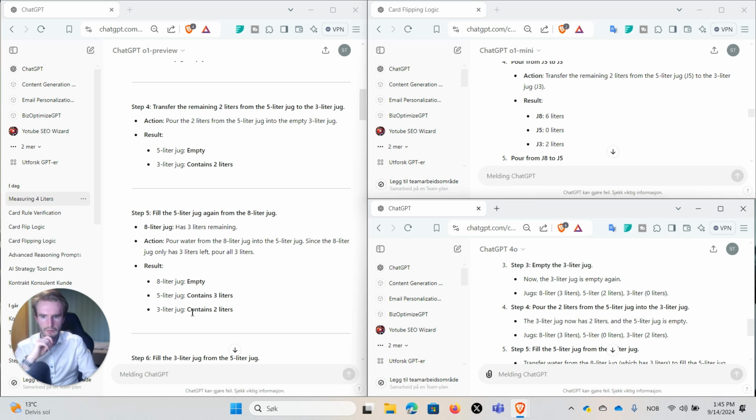Okay, so here the 5-liter jug is empty, the 3-liter jug contains 2 liters, and here J8 is at 6 liters, whereas here it is just a 5-liter jug which is empty and the 3-liter jug is 2.